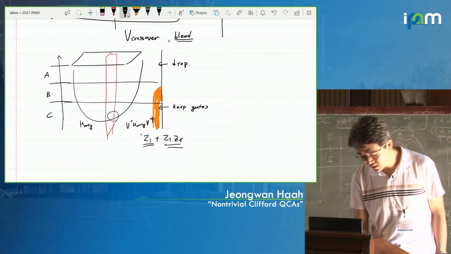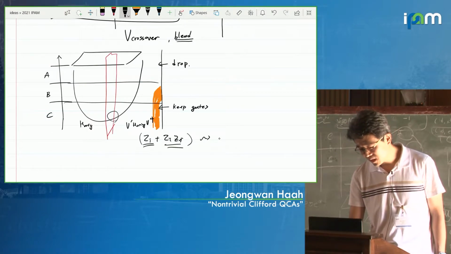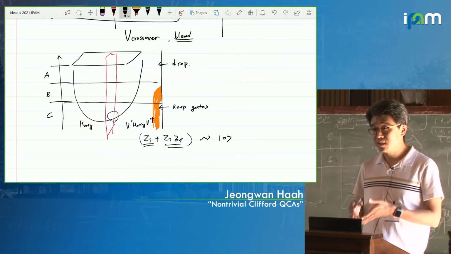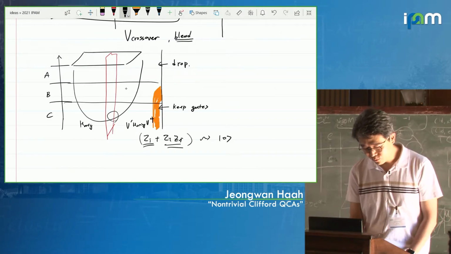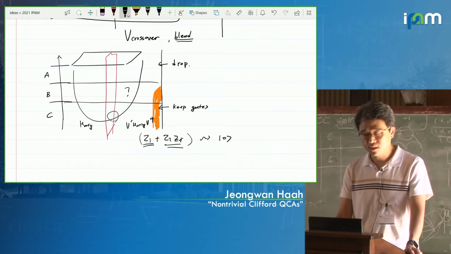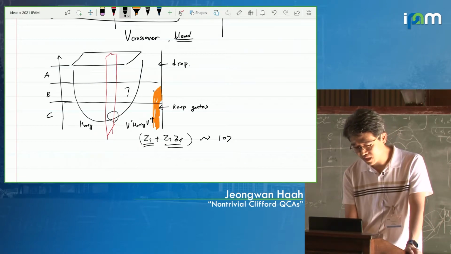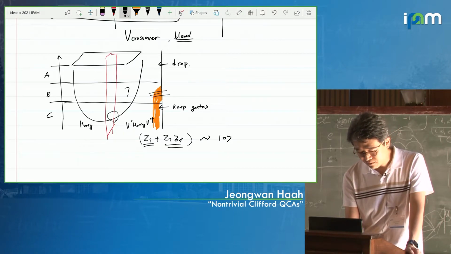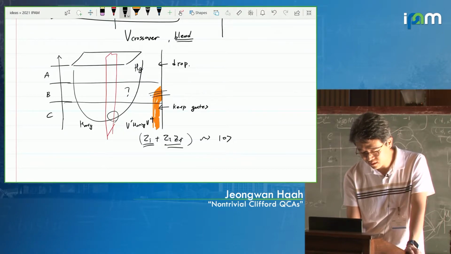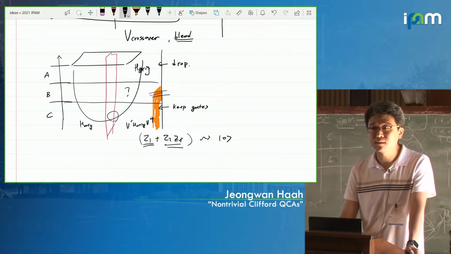So the disentangled Hamiltonian on the ground state ensures every qubit is in one particular state. I have no idea about the intermediate region because I have not defined how I interpret it. Here I keep everything. Nothing is changed.